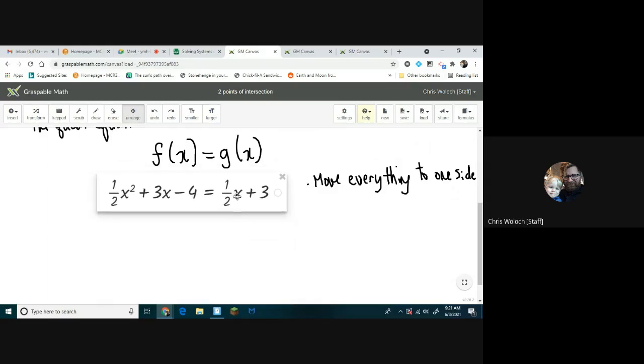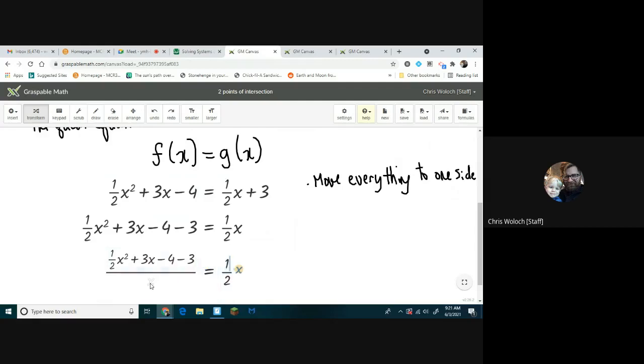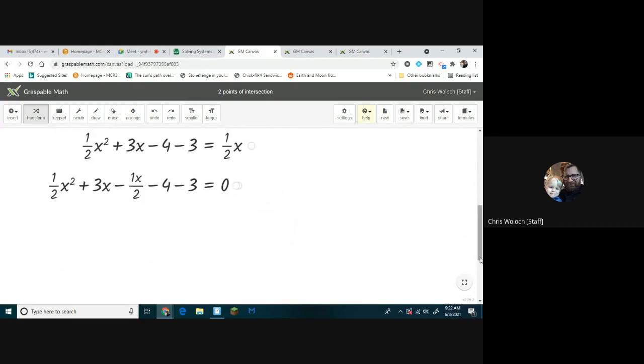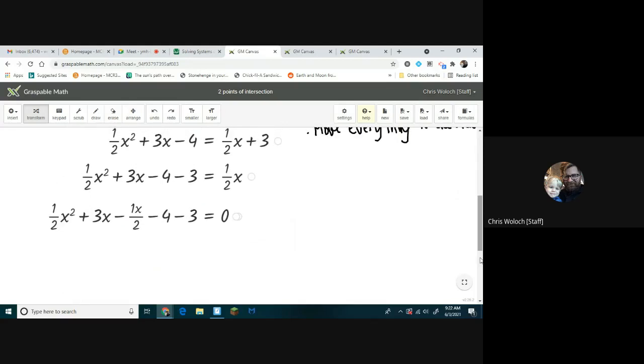So this plus 3, when I move it across, becomes a minus 3. Gosh, I screwed that one up. One second. There we go. Okay, so I move the plus 3 across, it becomes minus 3.